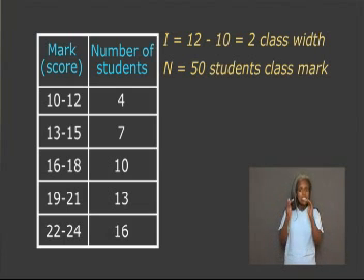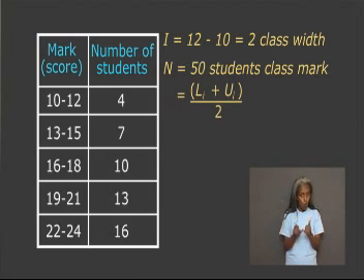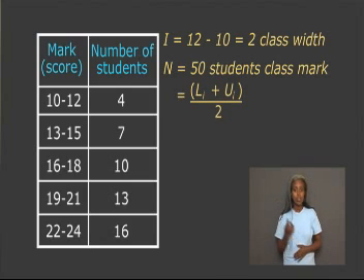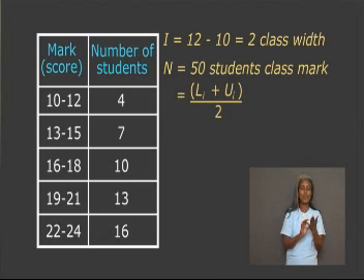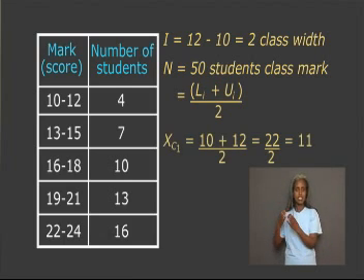This equals n, which is expressed by L sub i plus U sub i over 2. We can use this formula to find the mid value for the first class, expressed by x sub c 1. 10 plus 12 over 2 equals 22 over 2, which equals 11.